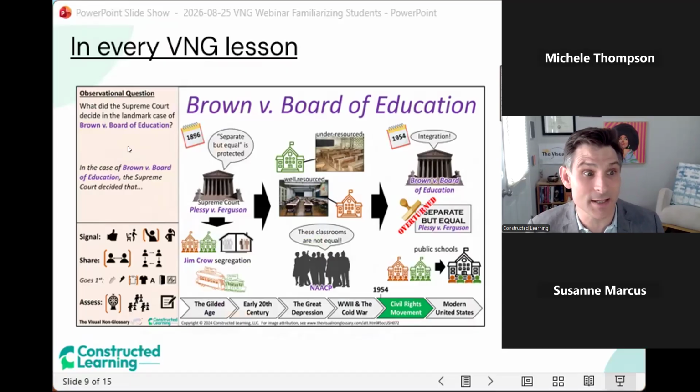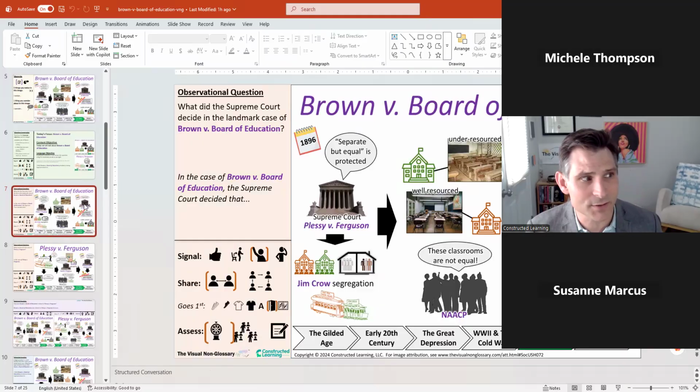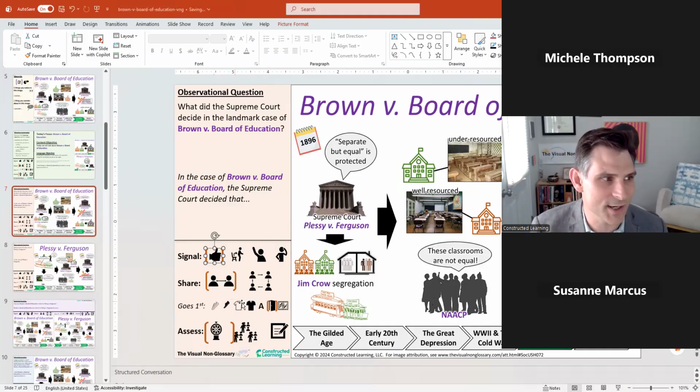So yes, I'm all for trying to make everything as simple as possible, and as less busy as possible. And I will say this, you might know this, Suzanne and Michelle, if you don't know this, these VNG slide decks are entirely editable. And so with these structured conversations, we can encourage teachers to choose the signals and who's going to go first using the brackets.